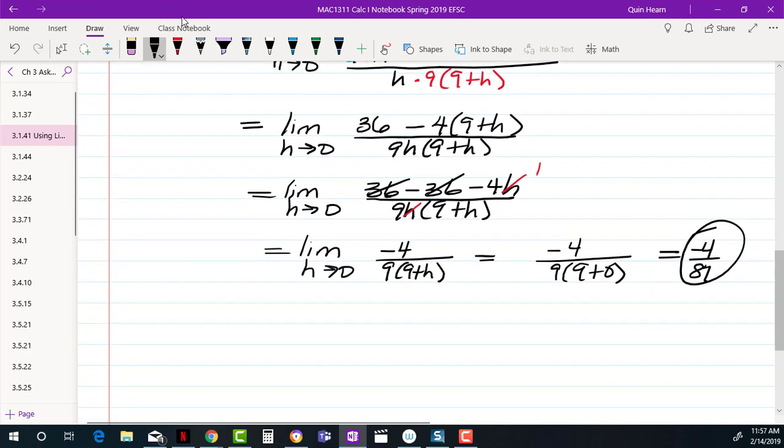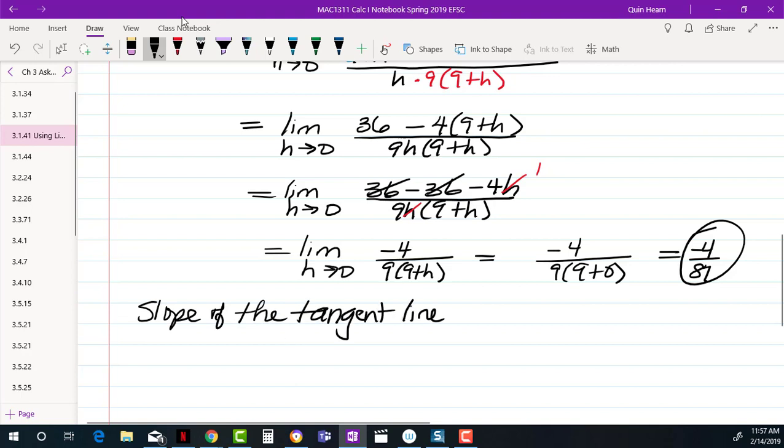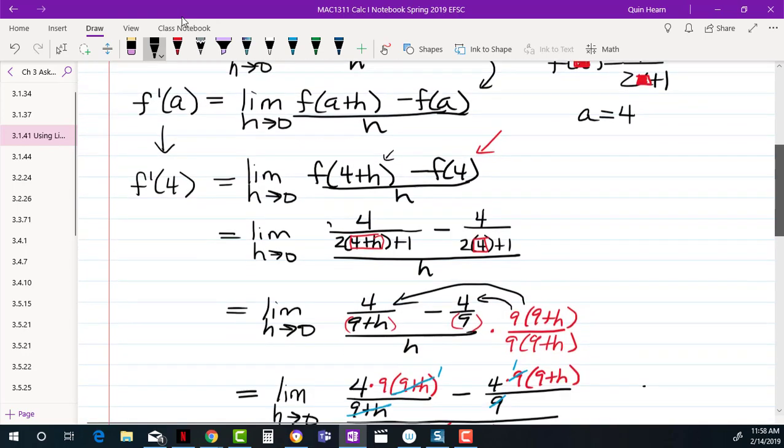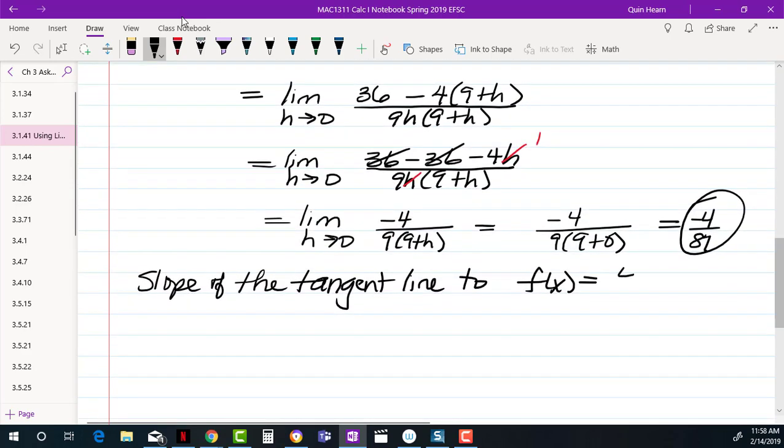Or another way of saying that is we just found that the slope of the tangent line to f of x equals 4 over 2x plus 1 is negative 4 over 81 at the x value of 4.